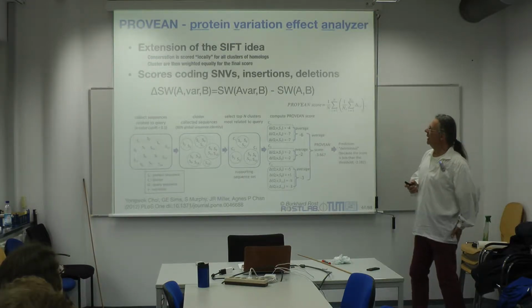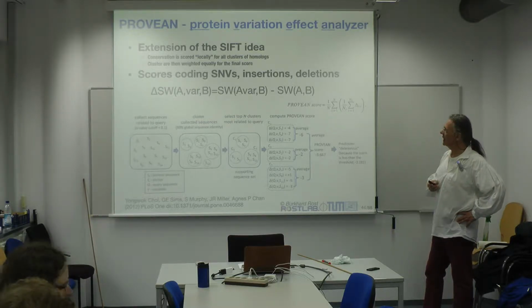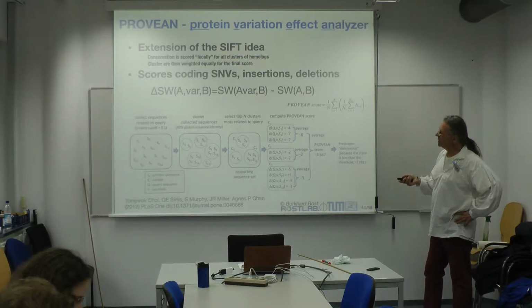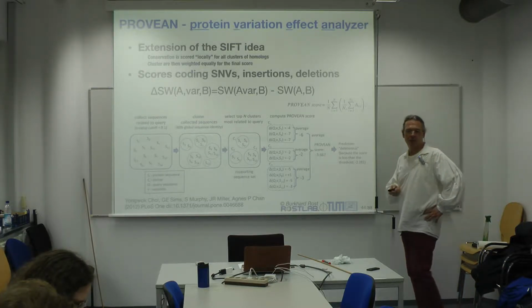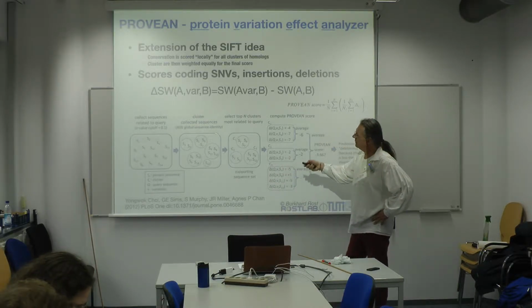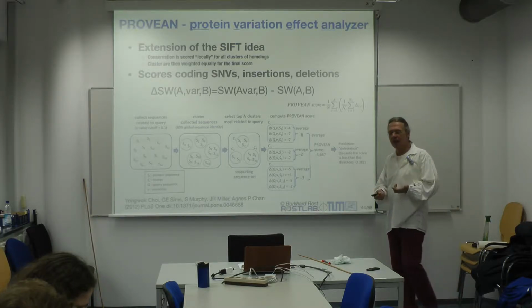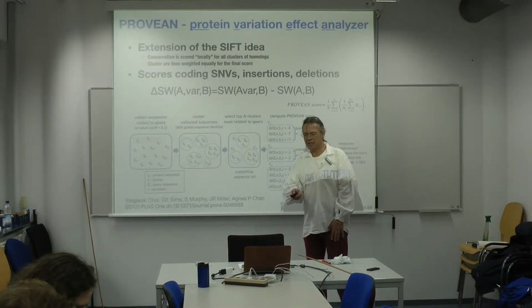PROVEAN is a method that essentially is based on the SIFT idea, as an extension of the SIFT idea. And the extension of the SIFT idea ultimately is you compute effect on subfamilies. So PolyPhen would build a big cluster, and now you look at subclusters and you ask again, in these subclusters, does it have an effect?